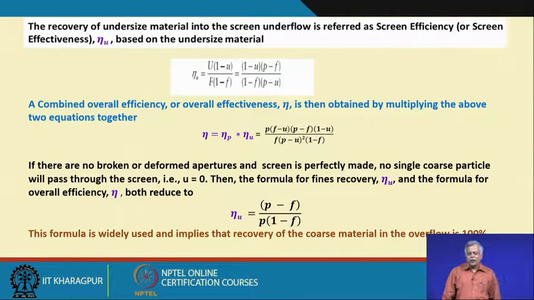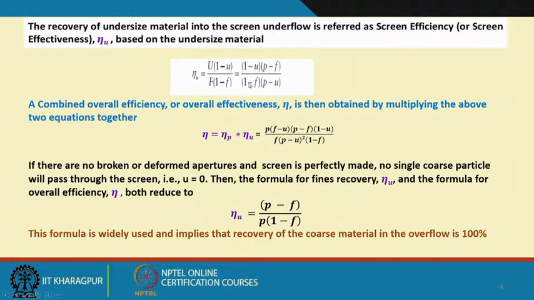So, if you are interested only in knowing the effectiveness of generating undersized material, I can use this formula. If you are interested in oversized material, I can use the previous formula, but if I am interested in both the oversize and undersize material, a combined overall efficiency or overall effectiveness is obtained by multiplying the above two equations together.